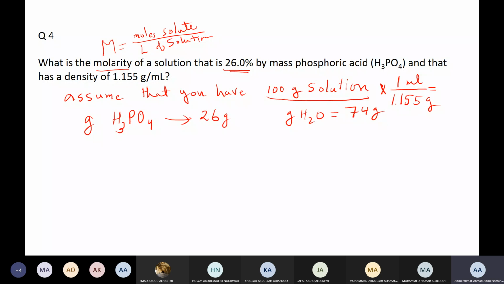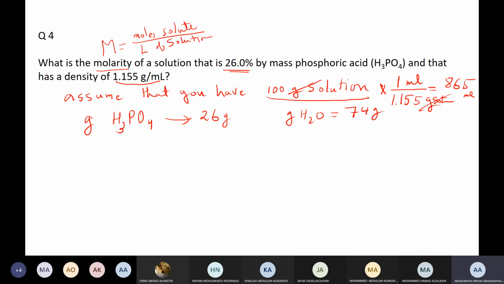What did I do? It's gram solution, and this is gram solution. So gram solution will go with gram solution, which is 1 over density. I divide by the density, and I have the answer. What's the answer? 86.5 milliliter.